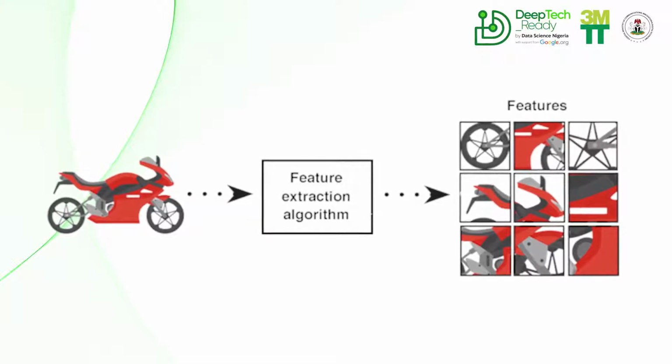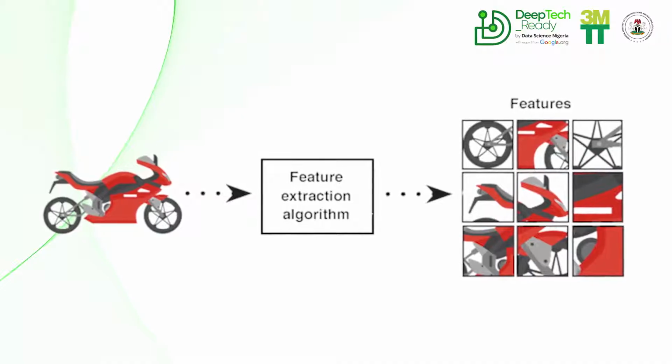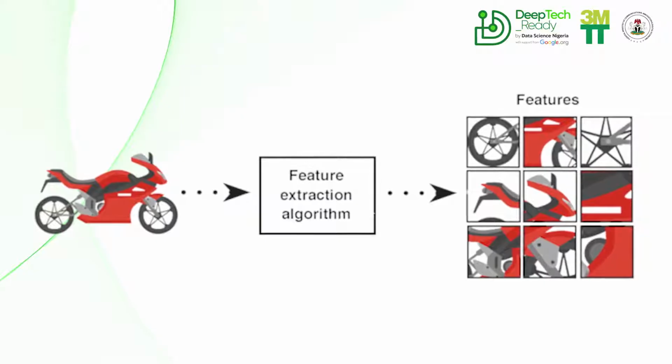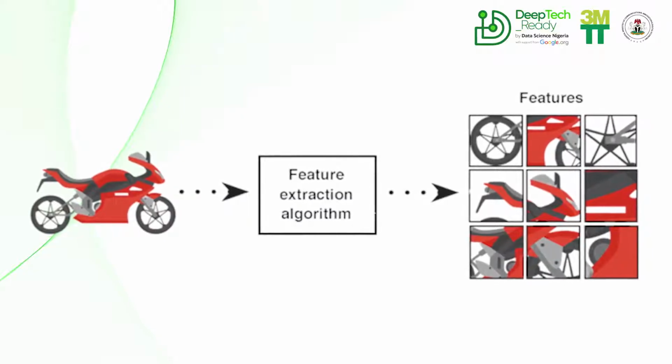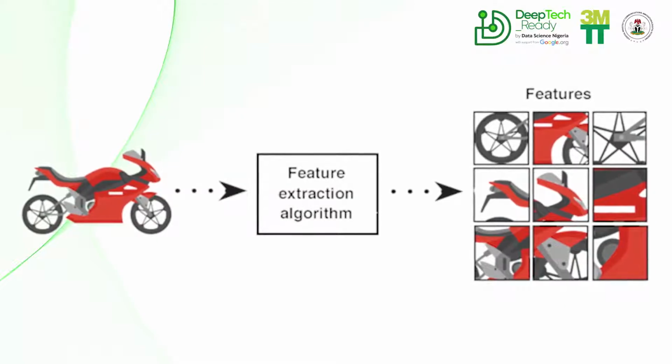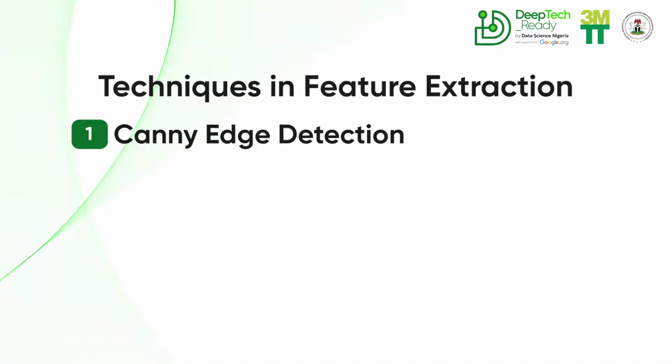you basically see that you have a motorcycle fed through a feature extraction algorithm, and you are literally trying to extract every feature associated with that particular motorcycle. And how can you do that? You do that with techniques like corner detection and also contour detection. These are different techniques associated with feature extraction in order to extract every detailed piece of information from an image.